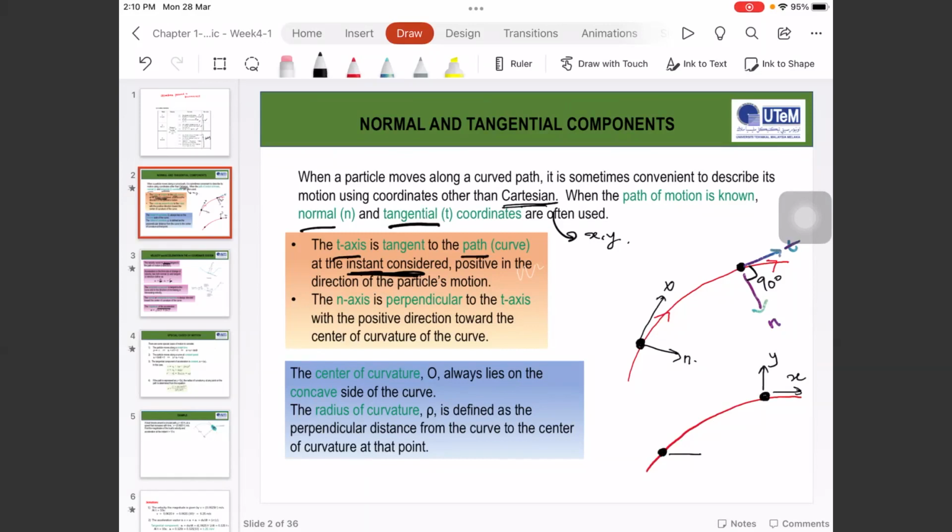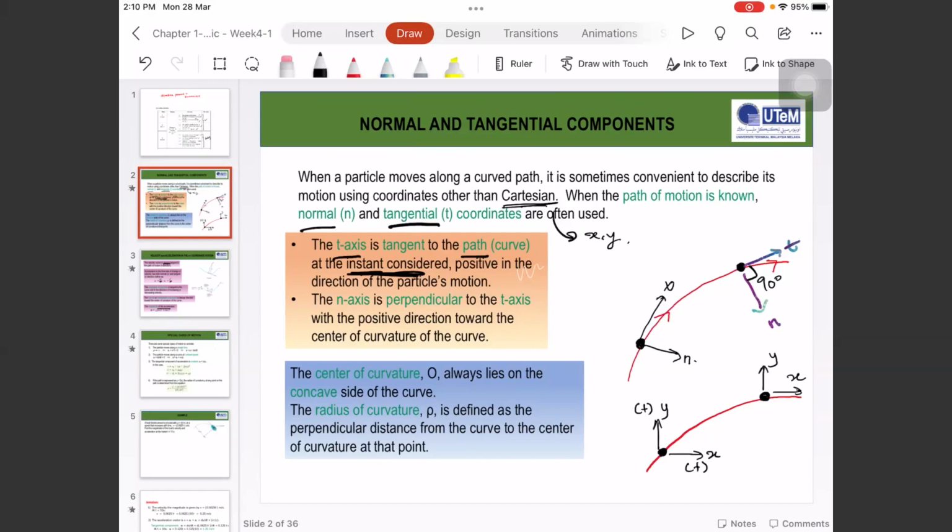You have X, and then you have Y. Sama saja, tak kisah kedudukan dia dekat mana. But for normal and tangent components, it depends on the location, right? And then which one is positive and which one is negative? For the XY, normally to the right is positive, and up is positive, right?